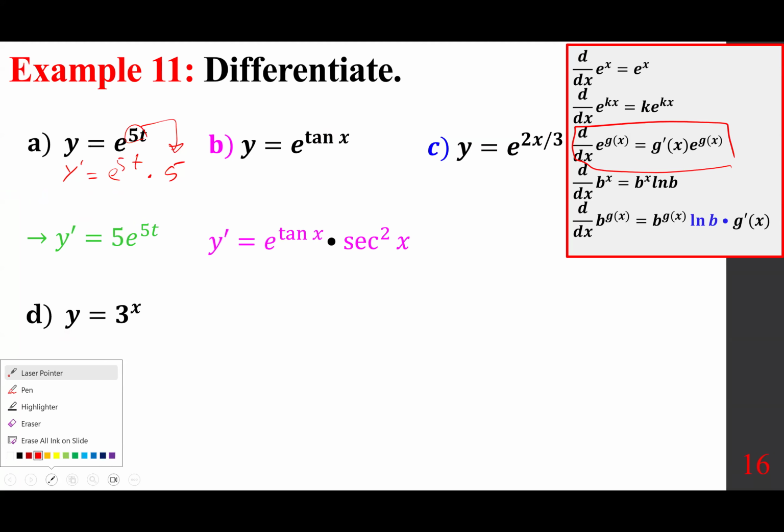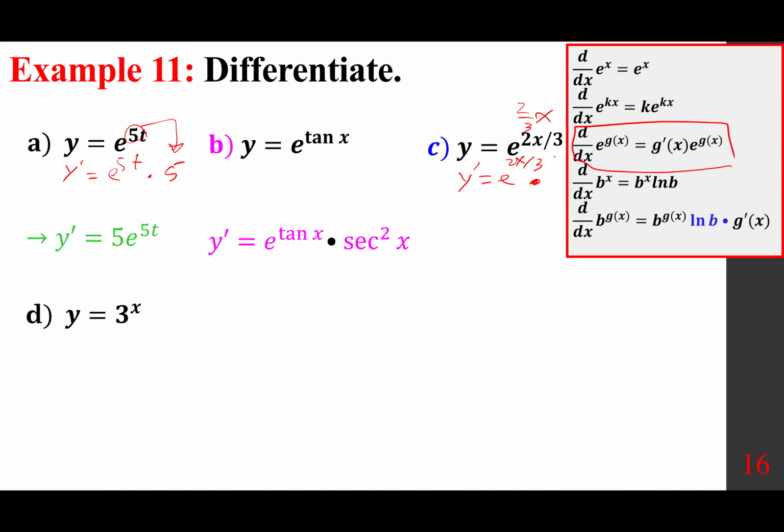This one, I just want to make sure that everybody understands this means 2/3 x. So y prime is itself, and then times 2/3, and I put it in front, and I'm done.